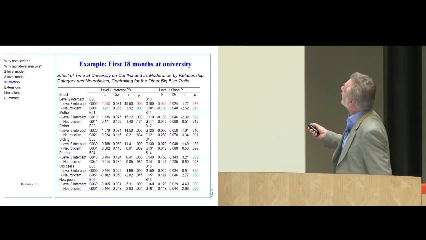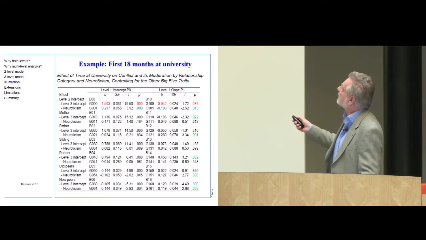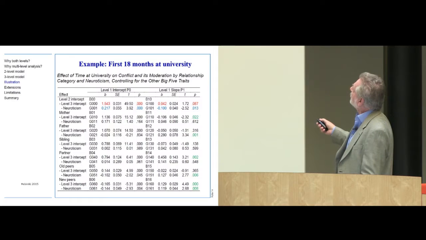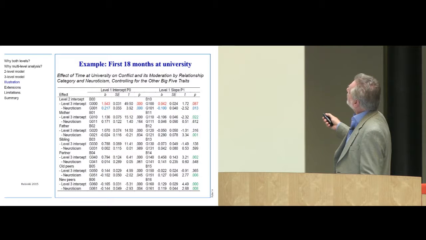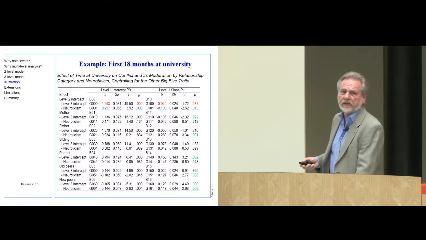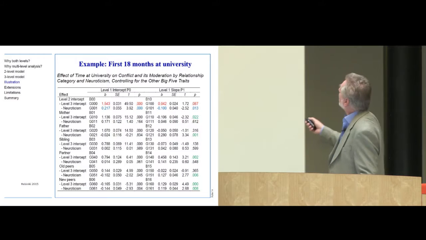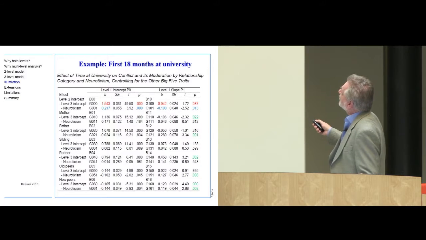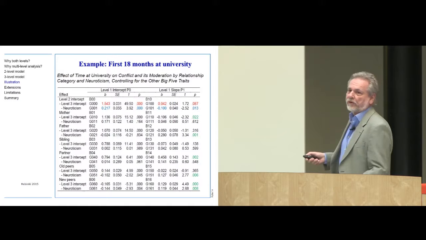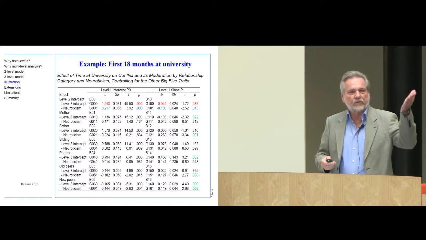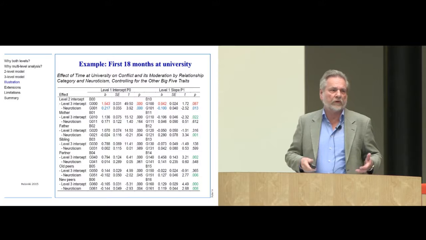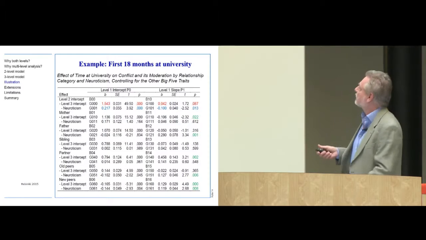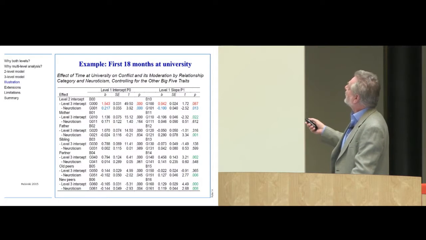And this is highly significant, but that's not dynamic, that's just a level. But we can look here at the slopes. You see that there is a marginal increase of conflict in other relationships. And interestingly, although the more neurotic students have a higher level of conflict, which is what you might expect, it's decreasing.